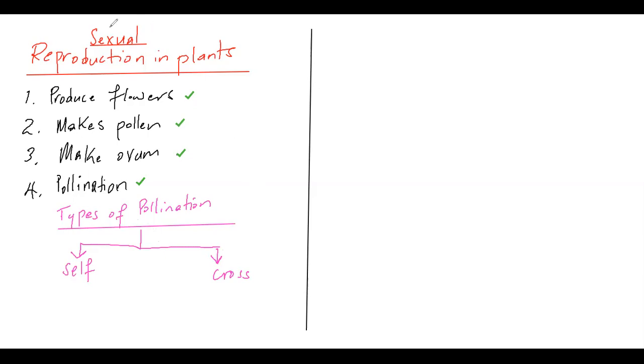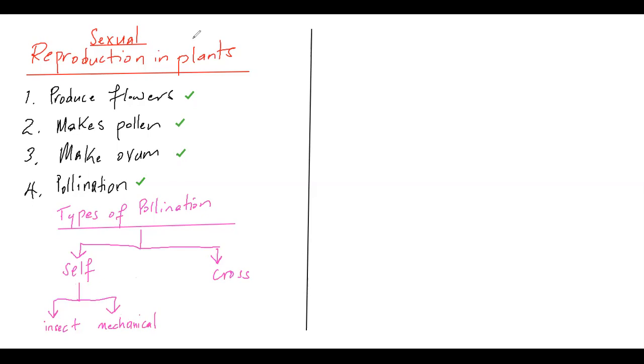Under each, we had further subdivided it to say that the plant could use insects. Well, most likely if you're going to use self-pollination, it's going to be insects, or they could just do it themselves. They probably don't even need an insect. They could just bend the anther and touch the stigma. So if they're going to use self-pollination, they might need insects to help them, or they can just do it by themselves, mechanically.